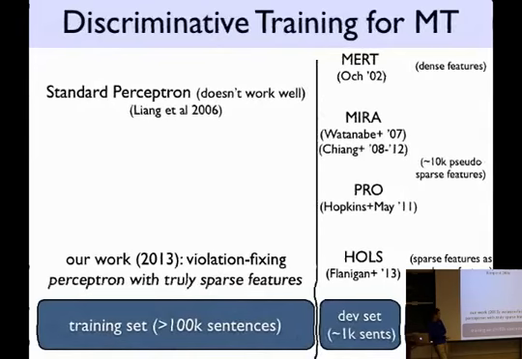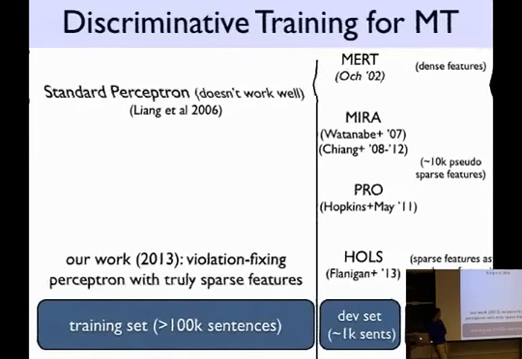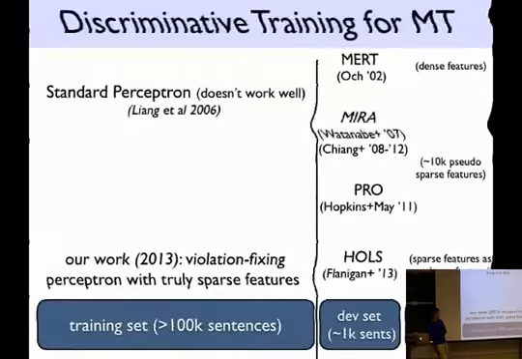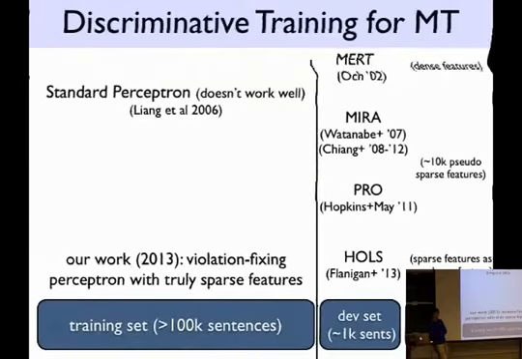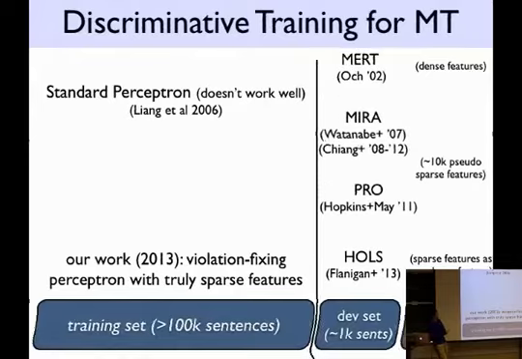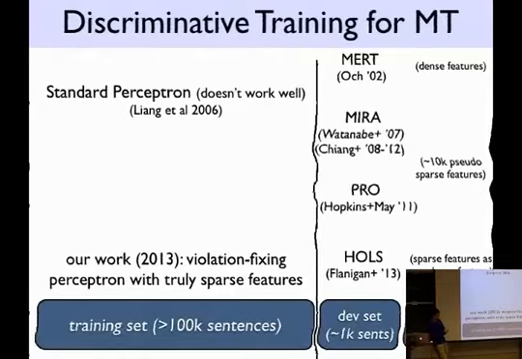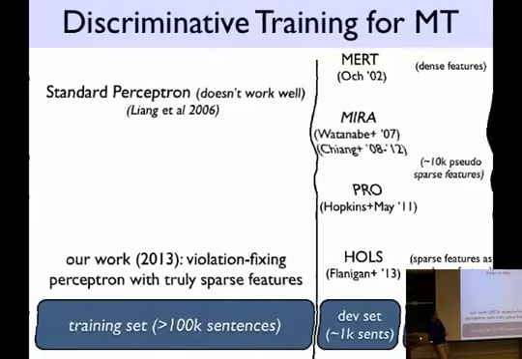And we can scale it to the training set with more than 100,000 sentences, much larger than the dev set. And that's why we can use so many features. But what happened during these 7 years, and why did we succeed, and why didn't Percy Liang's work succeed?